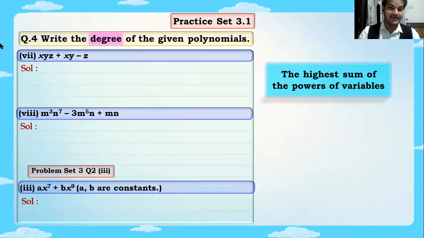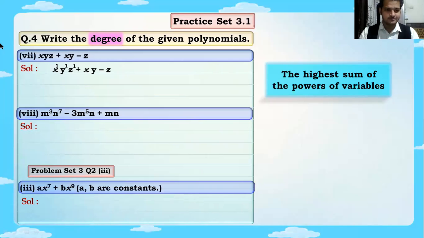अगर आपके पास एक से ज़्यादा वेरिएबल है तो आपको उन वेरिएबल्स के पावर को ऐड कर लेना है. For example, if I say x into y into z, each one of them has power 1, right? Correct. Add it. 1 plus 1 plus 1 is what? 3.